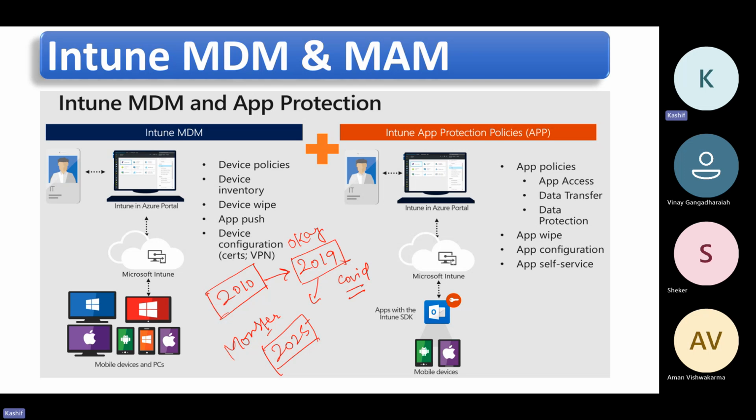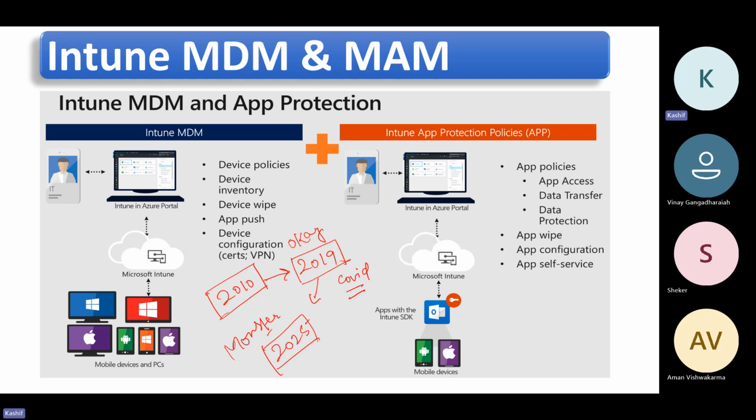Those of you from an SCCM background, how many issues did you face during COVID, because people were not in the office, their devices were non-compliant, and we faced a lot of challenges deploying policies to the devices. We used to ask people to bring their laptops or computers to the office premises to deploy the SCCM related policies.